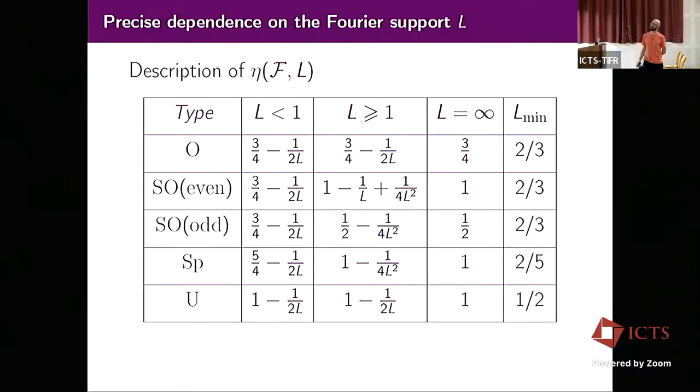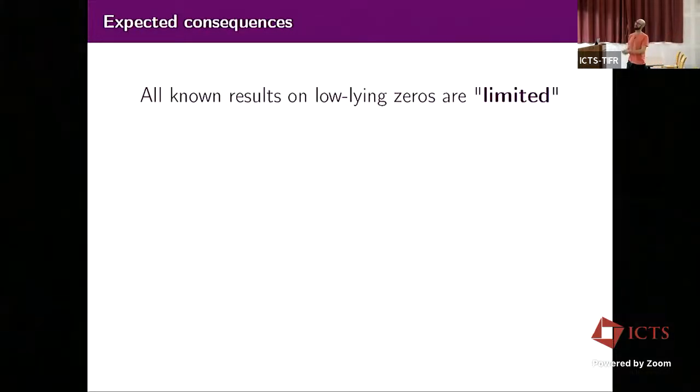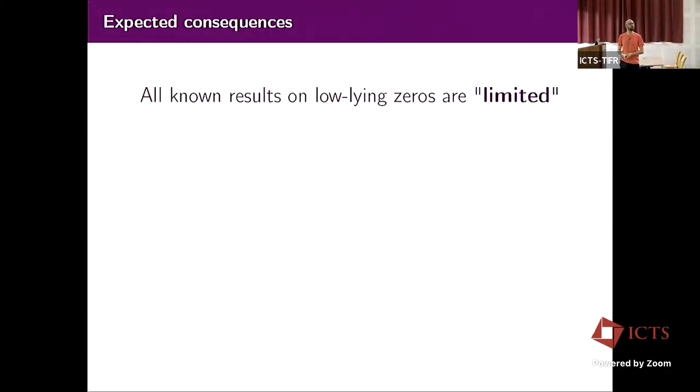So that's one remark. We cannot get as good as the conjecture. And also, not every support gives a non-zero result. Some of them, even having a result towards low-lying zeros, don't give anything interesting, and I put on the right the minimal value from which these eta are positive. They may well be negative. You can just imagine L very small. Okay, in practice, that's what we know.